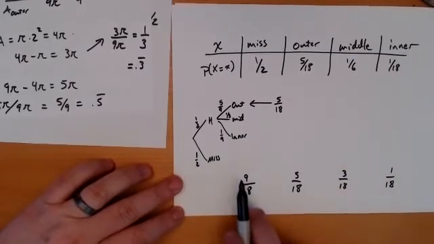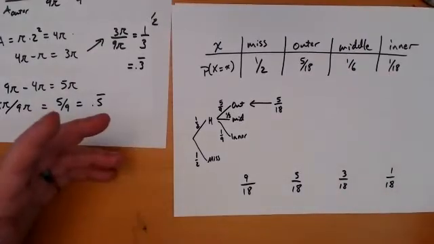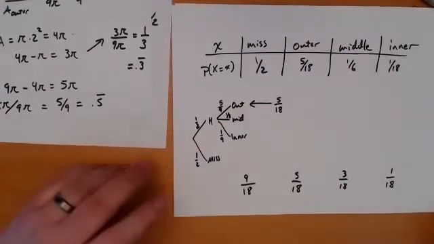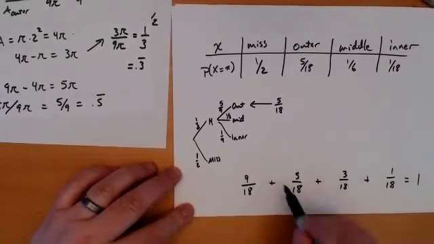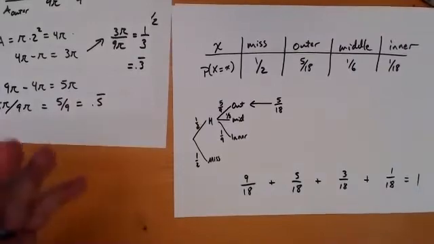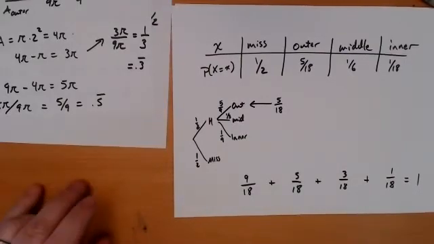And if you add up 9 plus 5 plus 3 plus 1, it is 18/18. So it is correct at 1. Awesome. Okay. And by the way, I was just busting your chops, both of you guys. Don't worry about it.